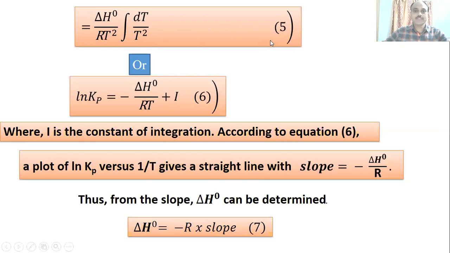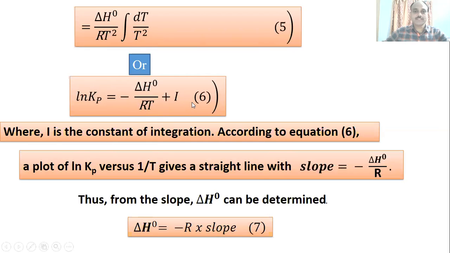Let this be equation 5. The integration gives ln Kp equal to minus delta H naught by RT plus I, where I is the constant of integration. Let this be equation 6.